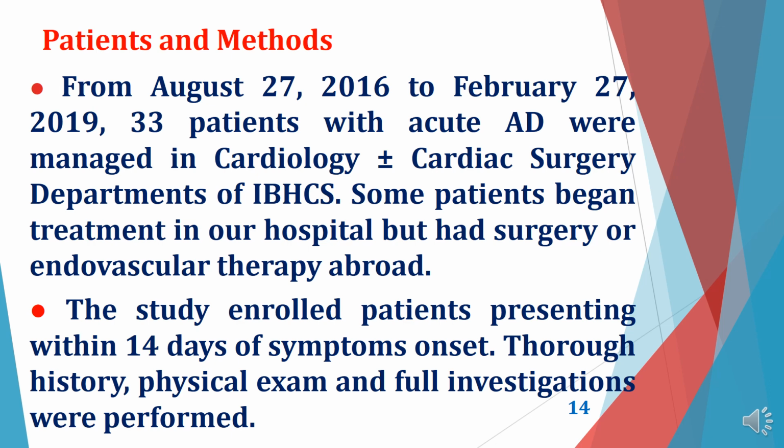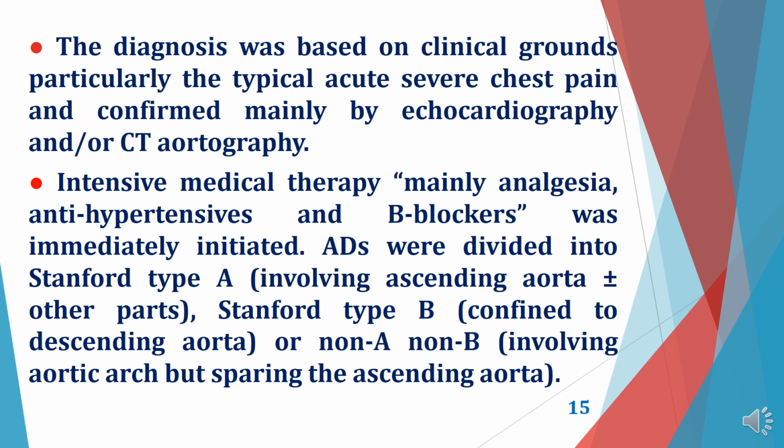Thorough history, physical examination, and full investigations were performed. The diagnosis was based on clinical grounds, particularly the typical acute severe chest pain, and confirmed mainly by echocardiography and/or CT aortography.